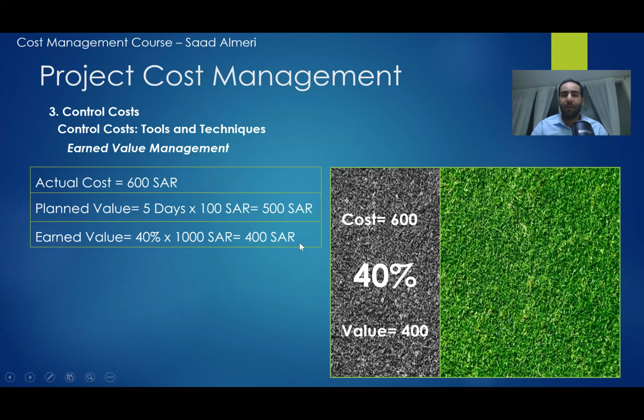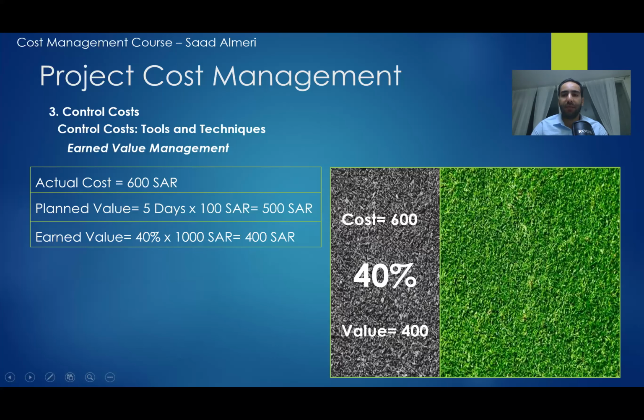If you want to remember what earned value is, remember that it is always the progress of the work multiplied by the budget of the work itself. And here we are not talking about how much money we are going to earn. It's not about earned value like price or revenue.